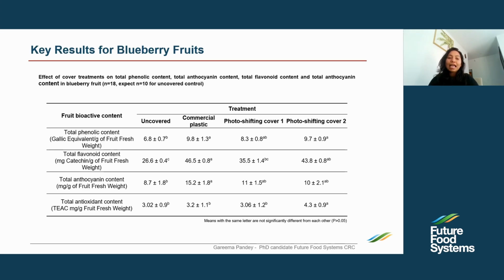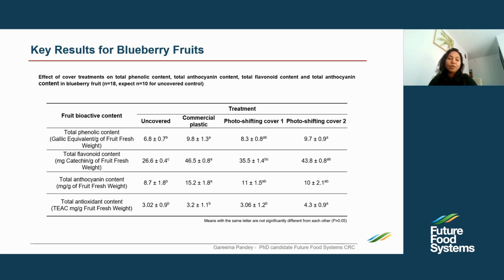However, for the flavonoid and anthocyanin content, the blueberries did not surpass the results of the commercial plastic films, indicating that there is still an improvement required, for example, increasing the scattering of the light, the transmittance rate, and probably the thickness.